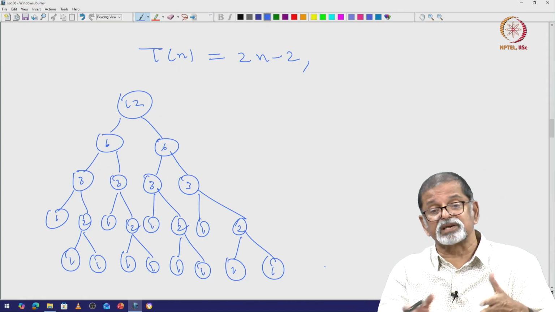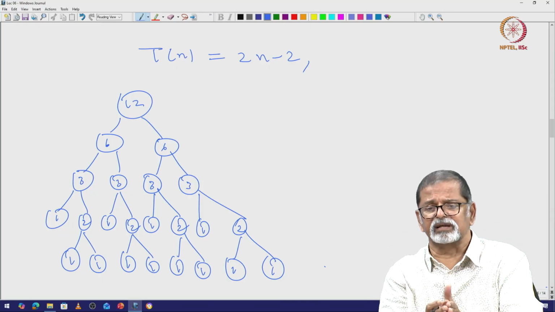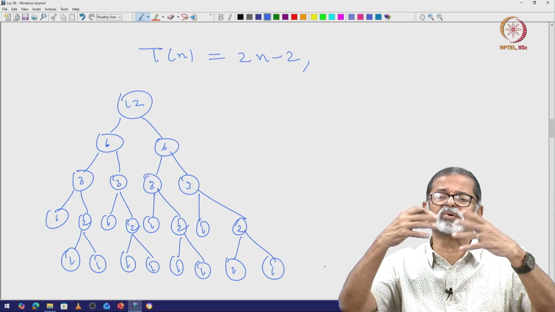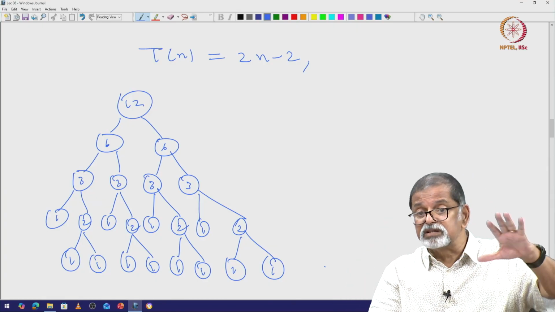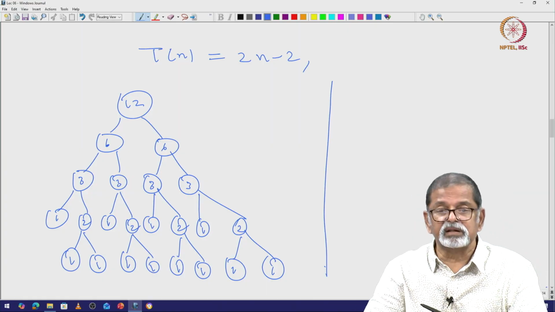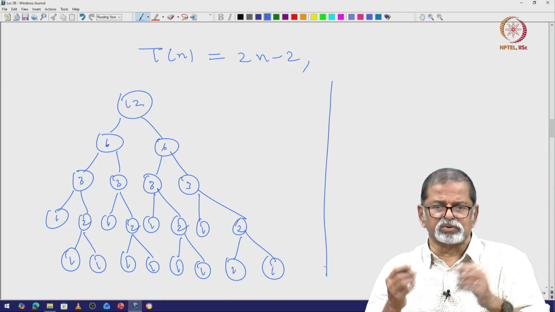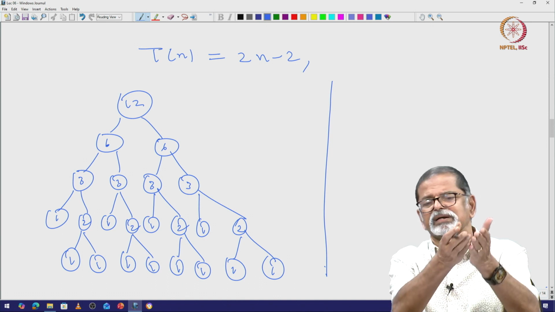This is how the recursion tree looks like. If n is more than 1, you split. If n equal to 1, you return 0. If n is more than 1, you split. Therefore, the execution of the algorithm, if you look into the recursion tree, it will look like this. So your leaf will have the value and it will return.